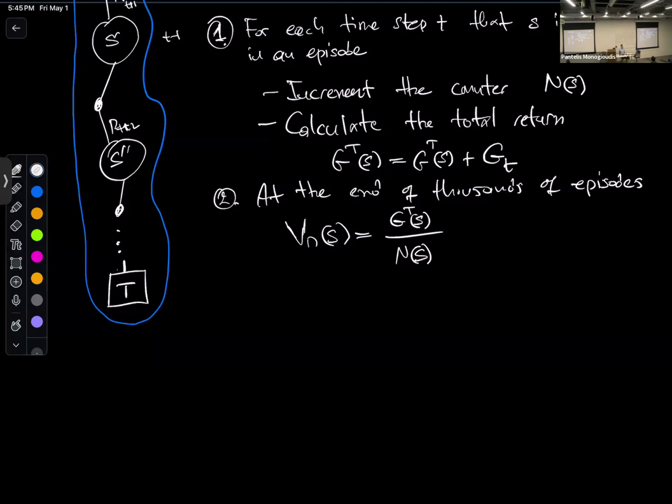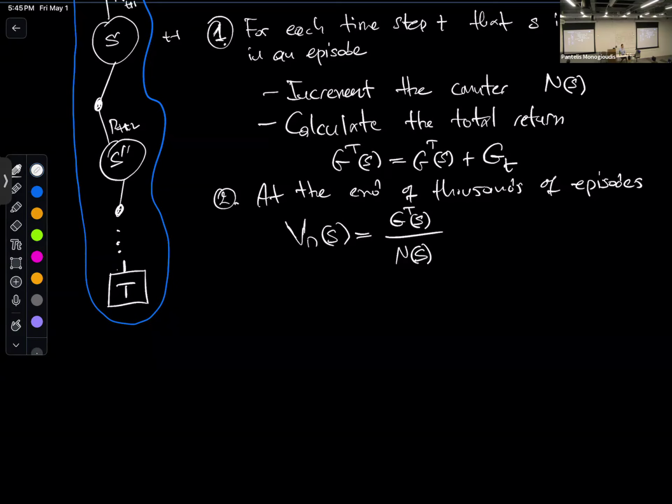Now, this capital V is an estimate. Small letter v was associated with MDP problems where we knew everything and we could calculate the expectation. Now we are approximating the value, and this approximation is the capital V.